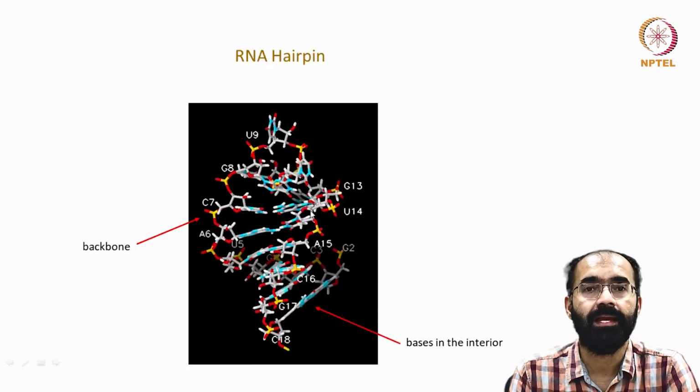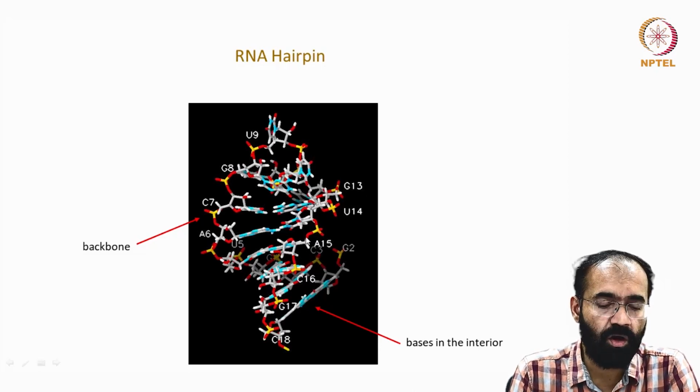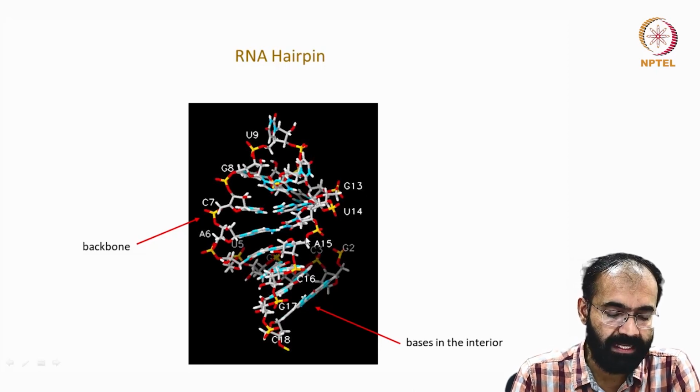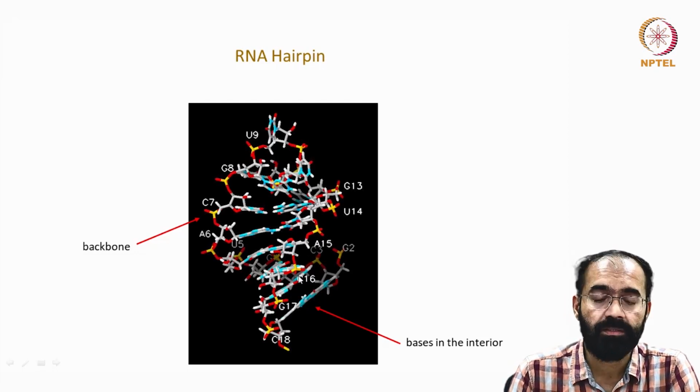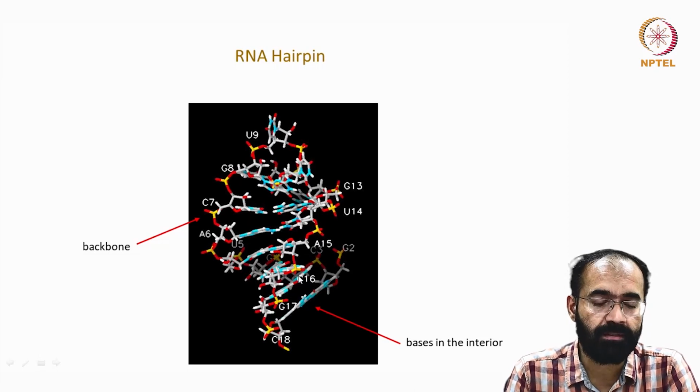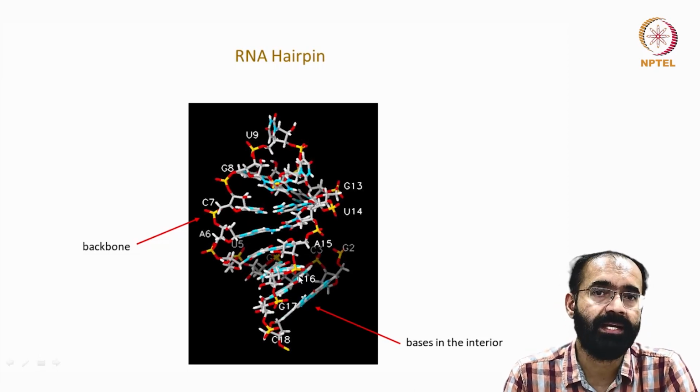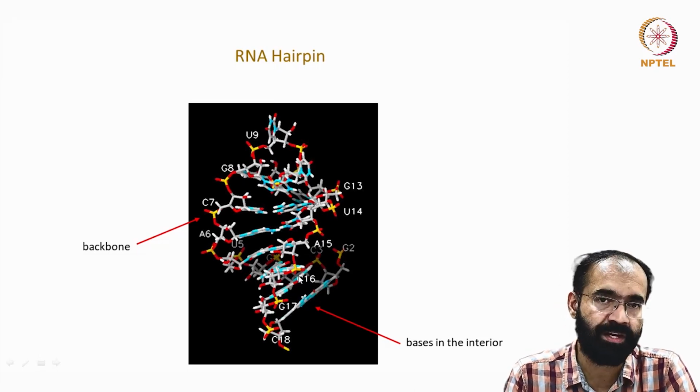This is the molecular structure of the RNA hairpin. It has a backbone and also unique bases in the interior, and both are important from a structure and function point of view, because the hairpin has to form in a unique fashion, not in any random fashion.